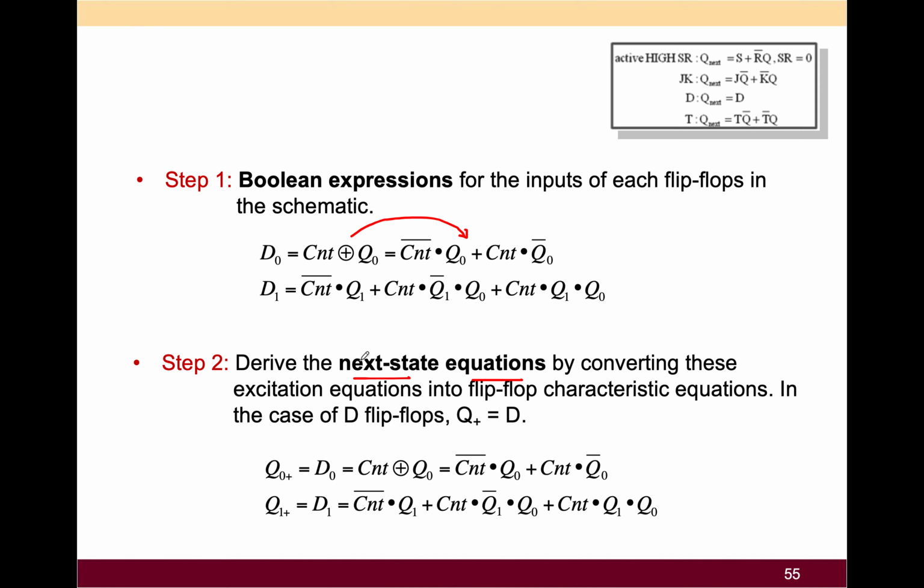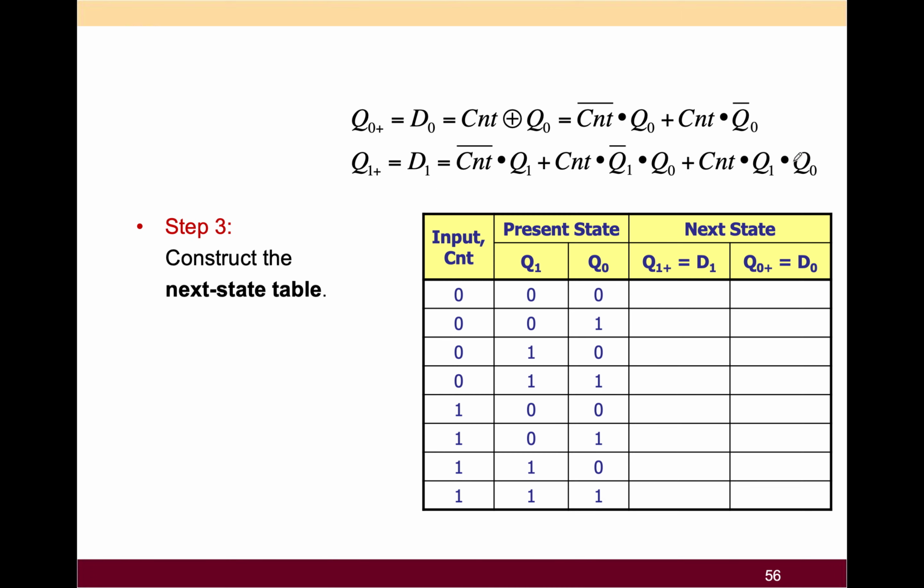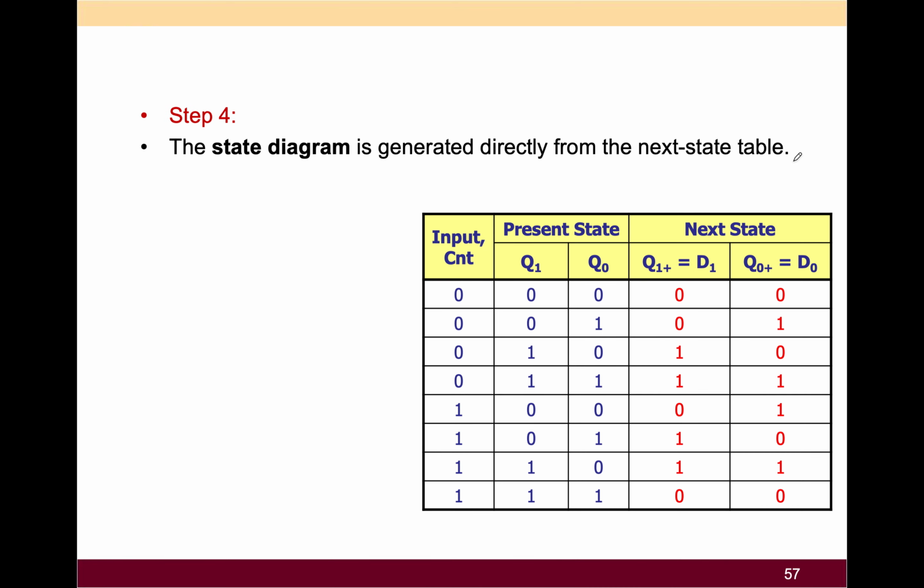This is the one that you can also refer to. Step 3, you need to construct the next state table. This one you already looked into in our previous class yesterday. You just apply it to a different schematic diagram.